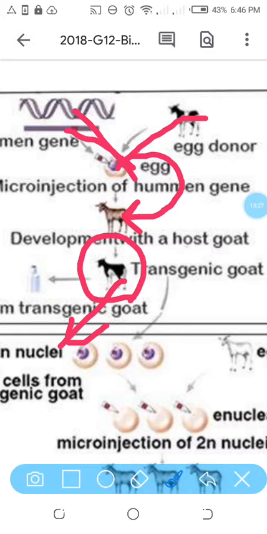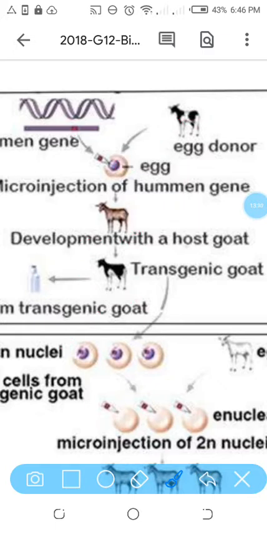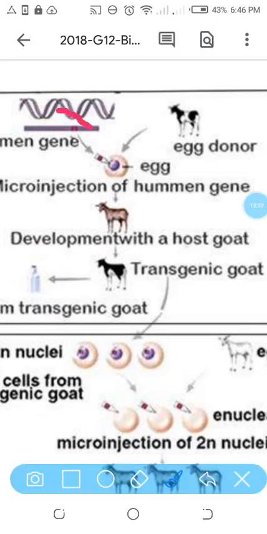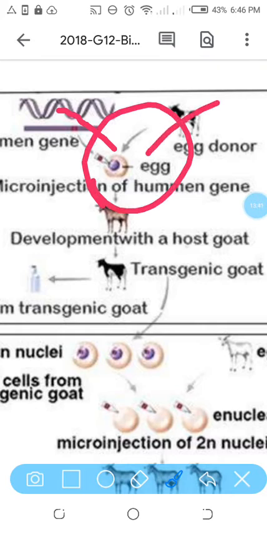I need to start from here, because that is very important. This DNA is diploid. I used the egg only. The egg belongs to the goat, and the DNA belongs to the human gene, which is diploid. So the diploid nucleus in the egg behaves like a zygote, because a zygote is diploid.